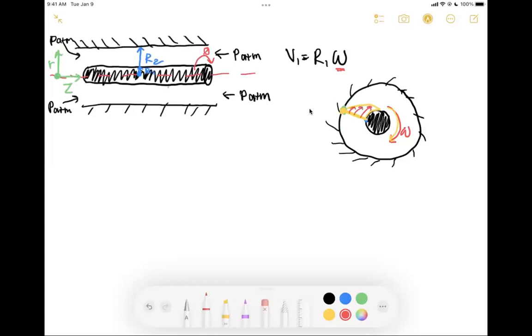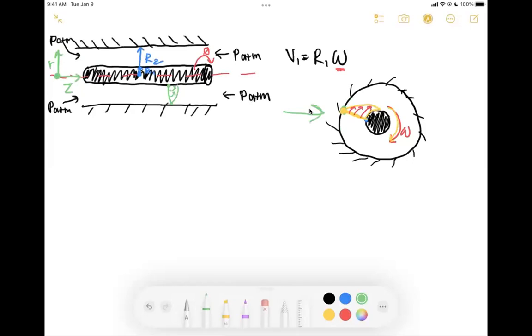So that's what your velocity profile looks like. Now, if I wanted to draw it on the actual sideways diagram, it's going to look something like this. Draw it in green. And it is going to look something like this. But it is a lot easier to see on this diagram here.